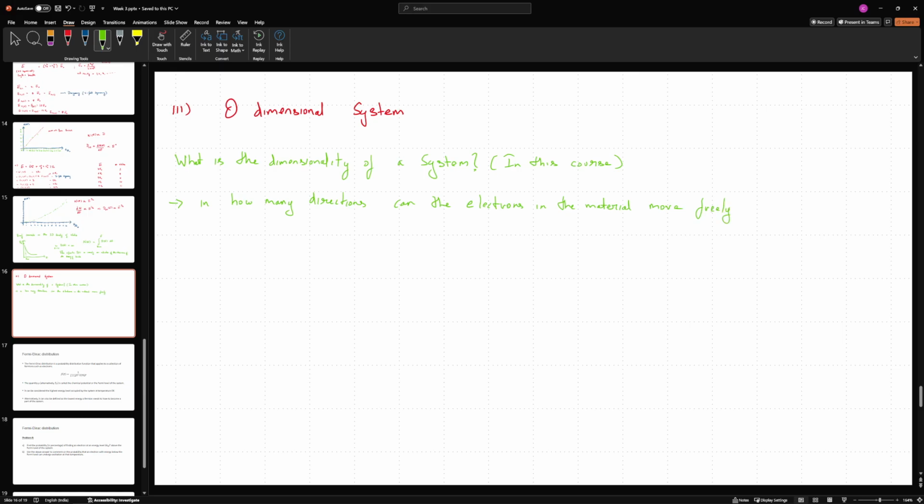So in how many directions can the electrons move freely? The second question is, in how many directions, same statement, are the atoms of the solid ordered periodically.